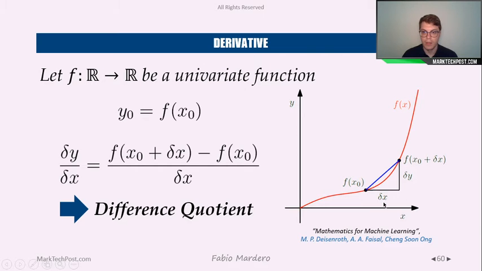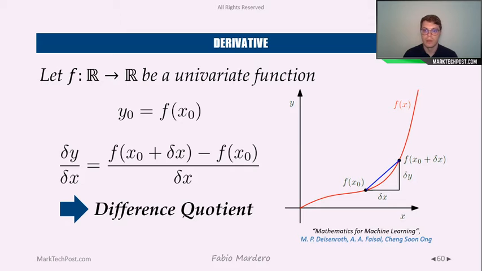So this refers to delta y divided by delta x, and this is the slope of this line. If you remember the parameters of a line, the intercept and the slope can be found given the two points through which that line passes.